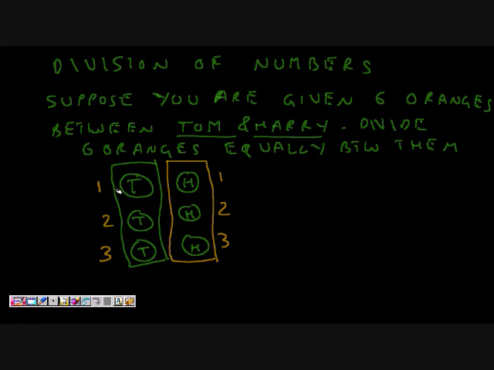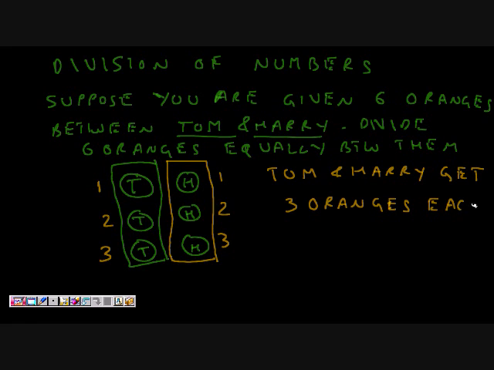That means Tom gets 3 oranges and Harry gets 3 oranges each. So when you divide 6 oranges between Tom and Harry, each of them gets 3 oranges.